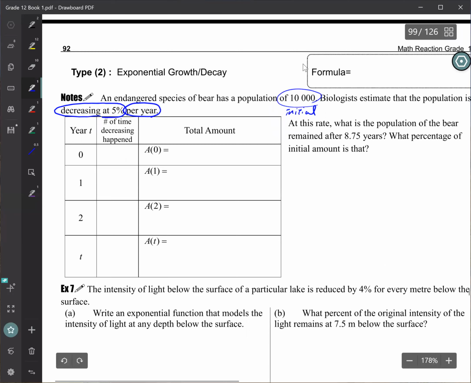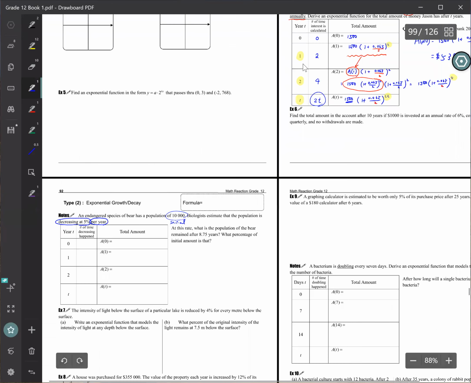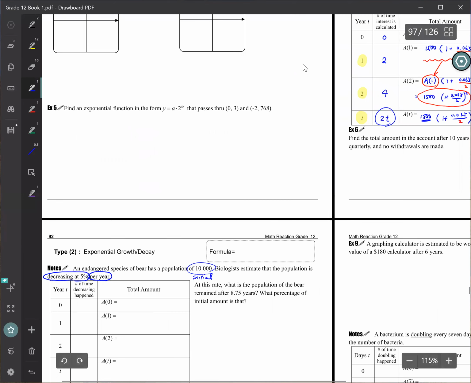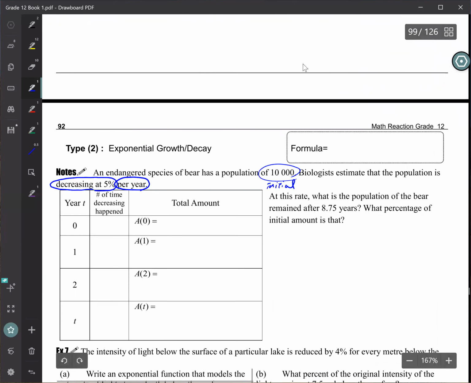So just like last time, we have the year, the zero, and then the number of times. Before we were talking about interest and the total amount of money. This time this one here is also similar.